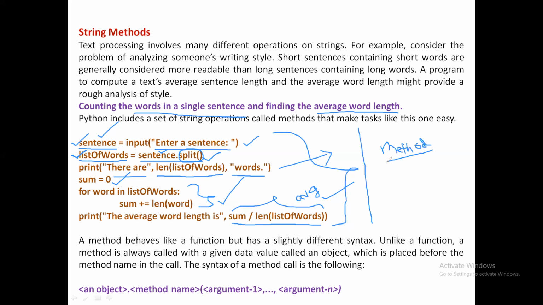Whereas methods are always called on objects. That means the general syntax of calling a method is always going to be object name dot method name, and then any number of arguments if the method requires any mandatory arguments to be submitted.